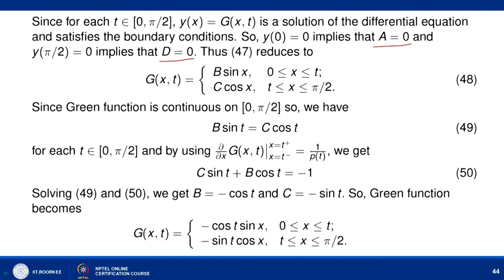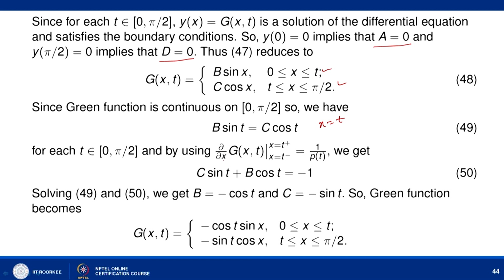Since the Green's function is continuous on 0 to pi/2, let us check the continuity at x equal to t. If we come from this region or this region we will get the same value. So b sin t has to be equal to c cos t. Then the other condition is that it has a jump discontinuity: dG/dx at t plus minus dG/dx at t minus equals 1 upon p(t).